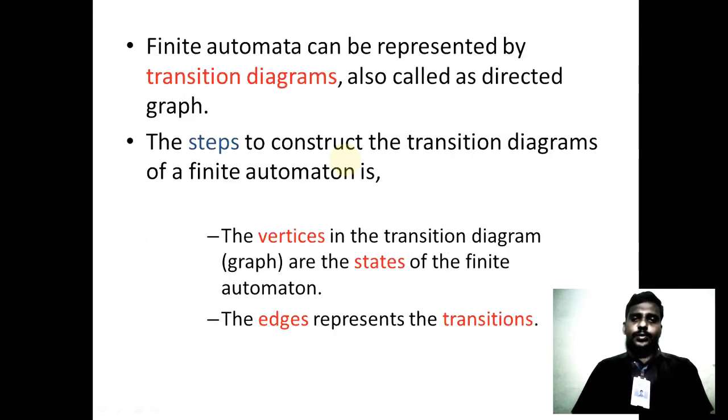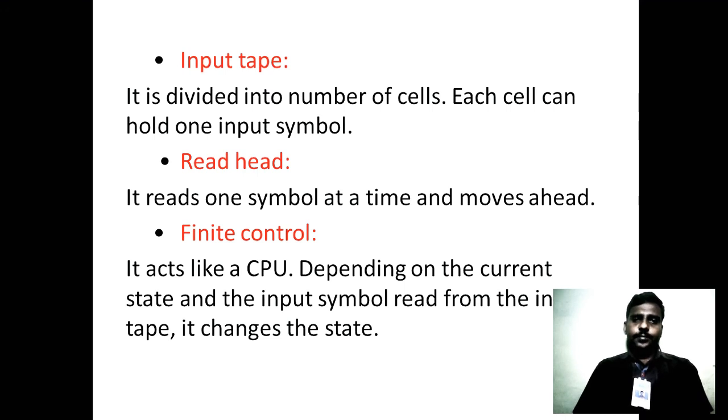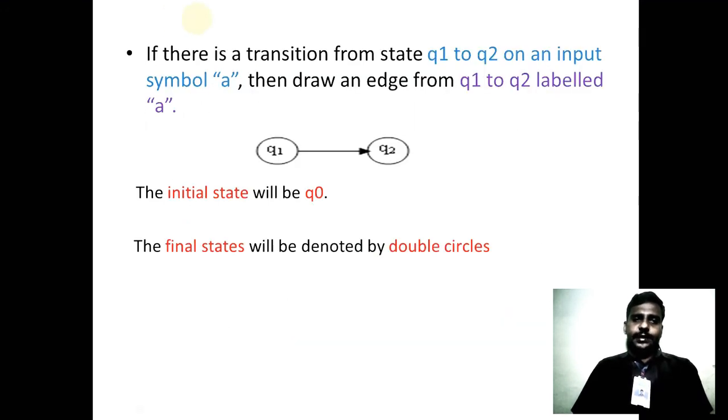Edges represent transitions. Remember, this circle is called the state. I told you the fan example. So now q1 is the on state or off state, q2 is the on state or off state. Now you assume q1 is the off state and q2 is the on state. So these are states, a circle is a state, and this is a transition. You just remember this.